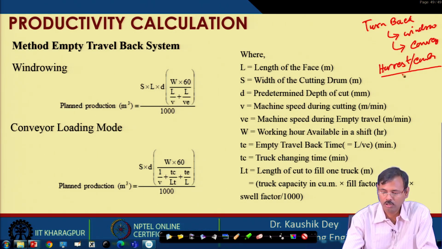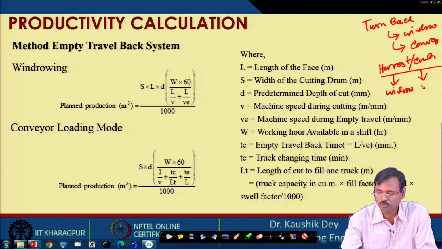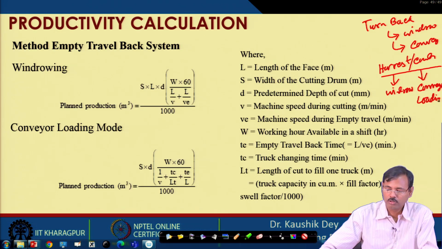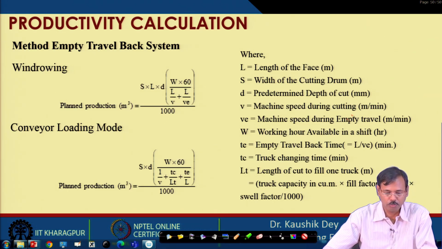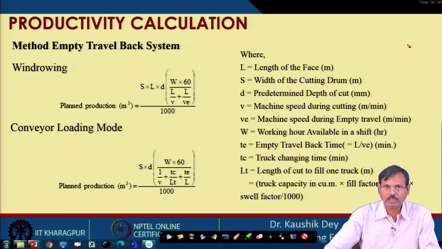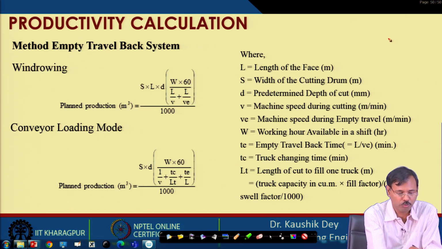In that case also we can go for either windrowing or conveyor loading. So, these are the different combinations of operations possible, but let us understand how we can calculate the production rate for each type of application. So, this is a simple one.